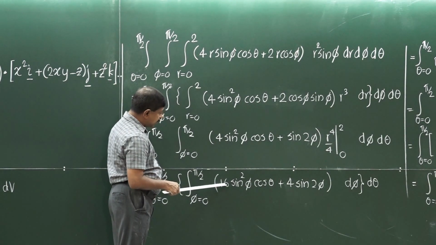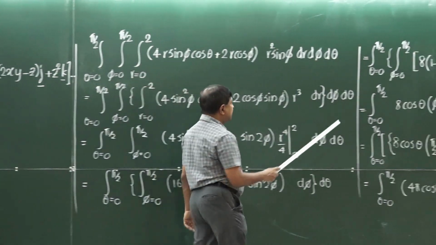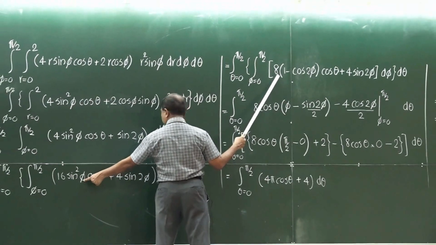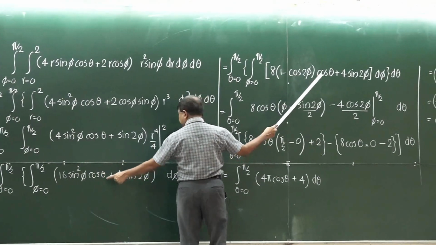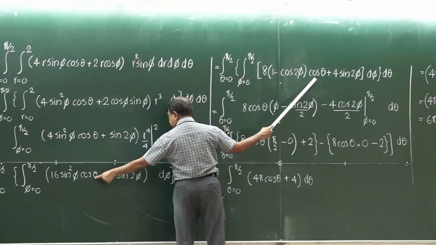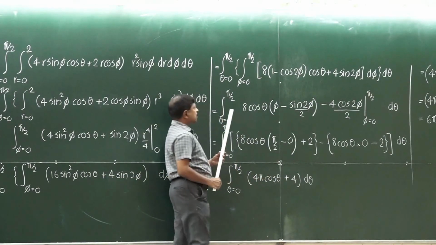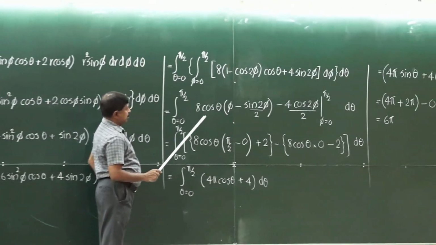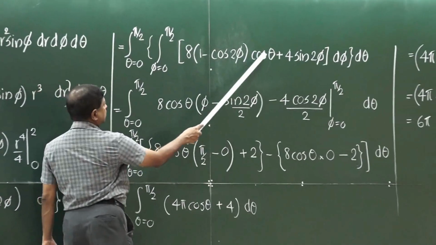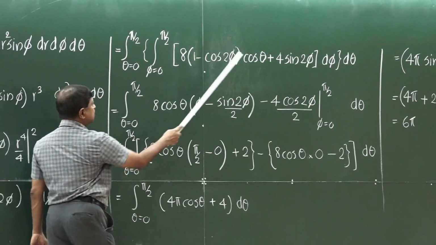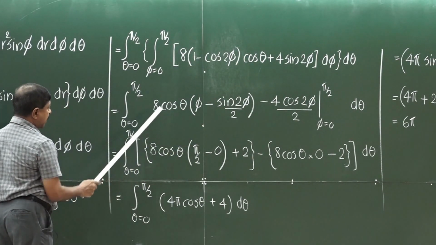That 2 and 16 will get cancelled, leaving 8 like this. So, you have 1 minus cos 2 phi, cos theta will be there as it is, then you have 4 sin 2 phi. Now, phi is the variable. So, cos theta can be considered as constant. So, 8 times cos theta remained intact.